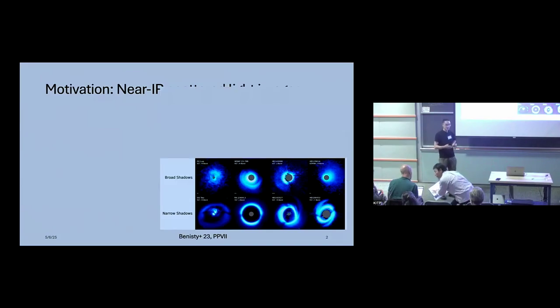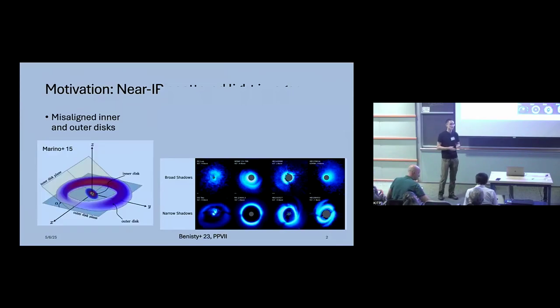A common explanation of this shadow is that there is some mutual inclination between your inner disk and outer disk, so that the inner disk casts a shadow onto the outer disk. The cartoon picture is like this.